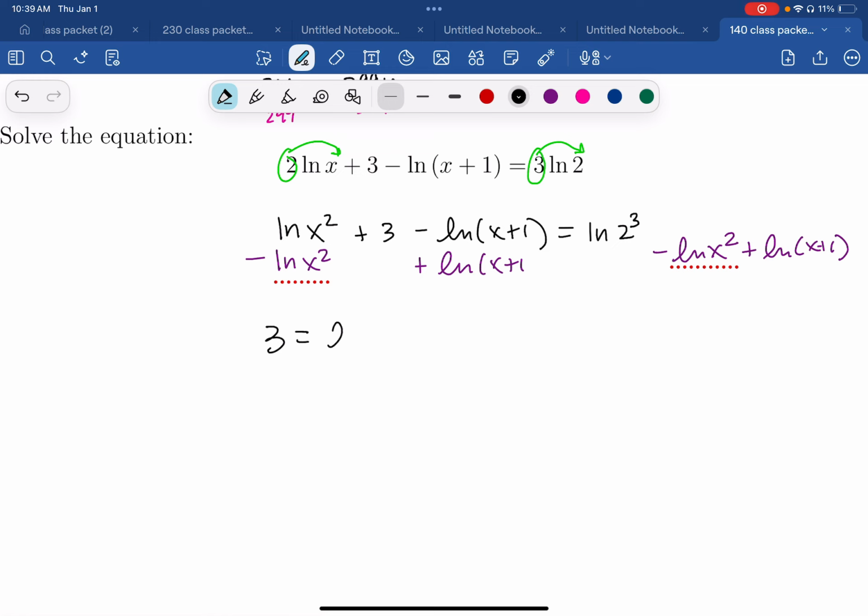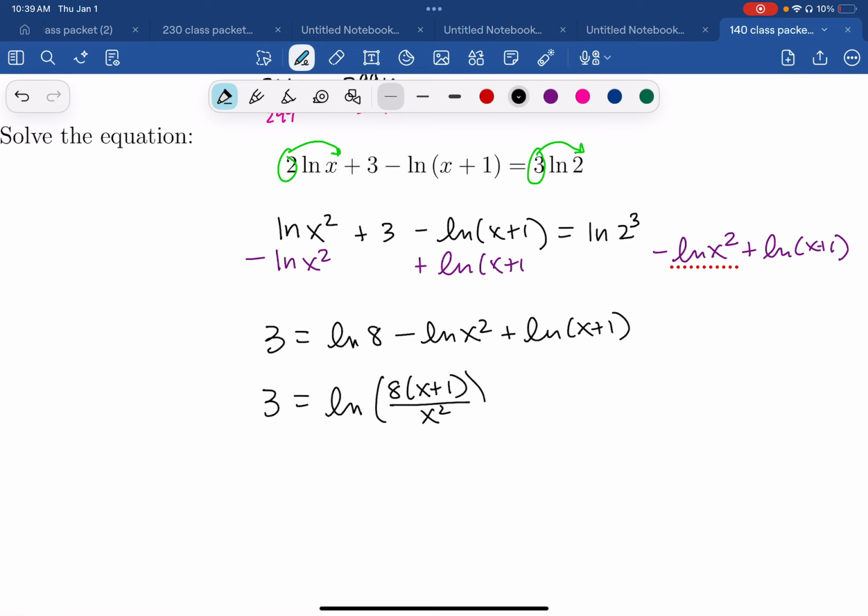And on the right, I have the natural log of 8, which is 2 cubed, minus the ln of x squared plus the ln of x plus 1. And I'm going to put all of that back together as one giant ln. And so anything that's positive goes in the numerator, anything that's negative goes in the denominator. So this is 8 times x plus 1 over x squared.